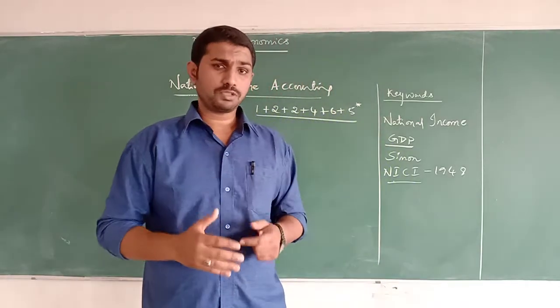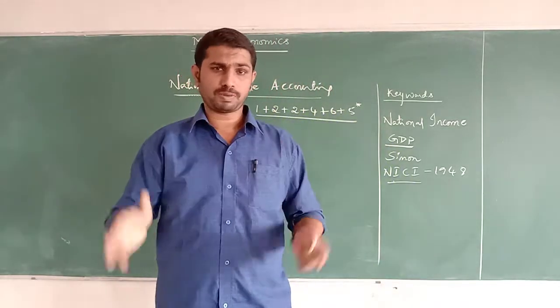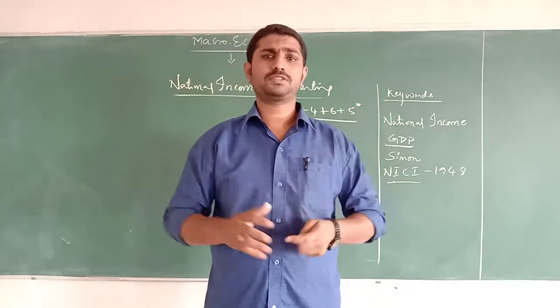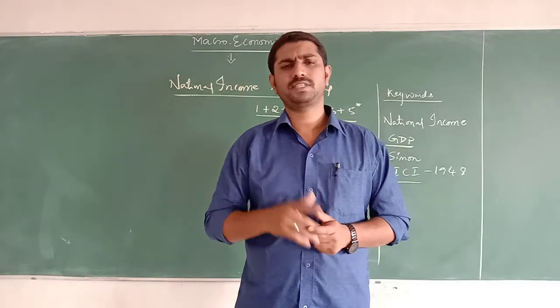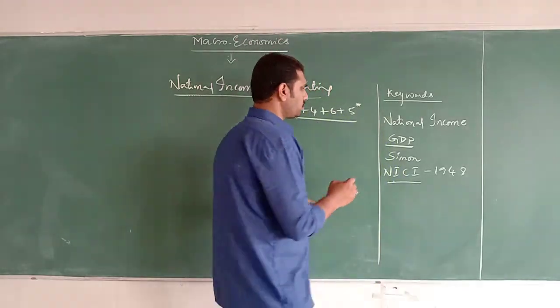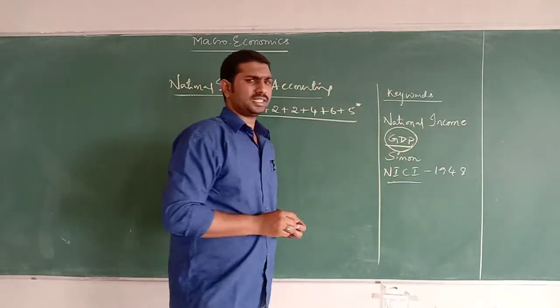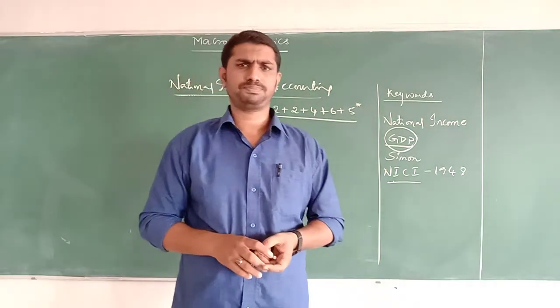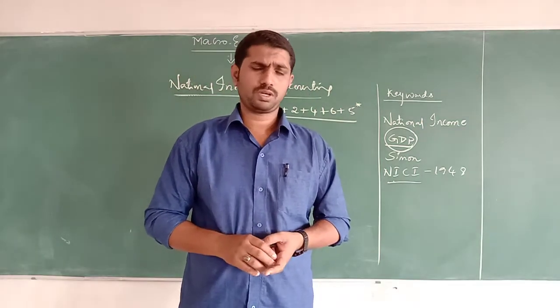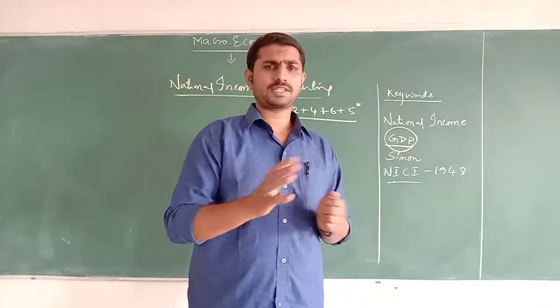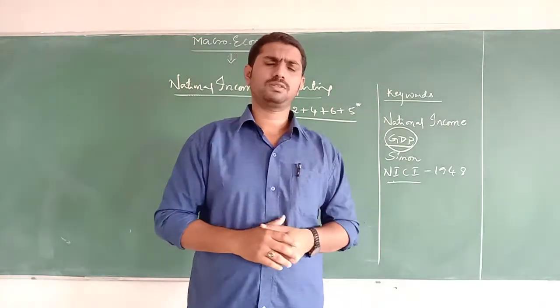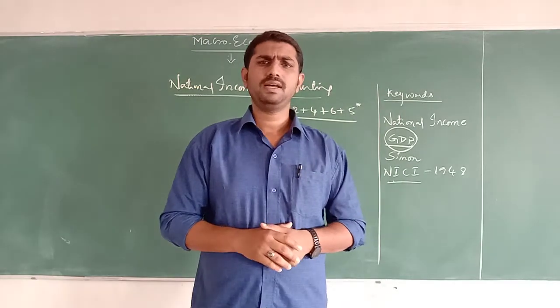Likewise, if you want to judge the country's overall performance, the barometer or index we can take into consideration is called gross domestic product, that is GDP. We can even use GDP and national income synonymously. The two terms indicate the same meaning.